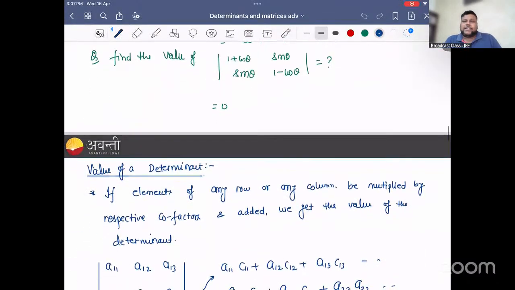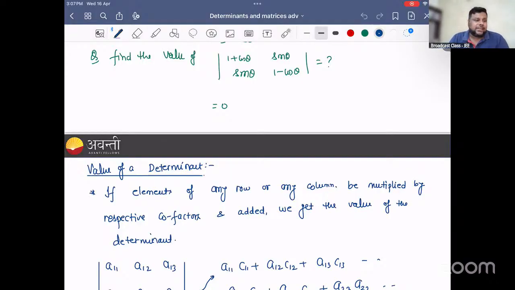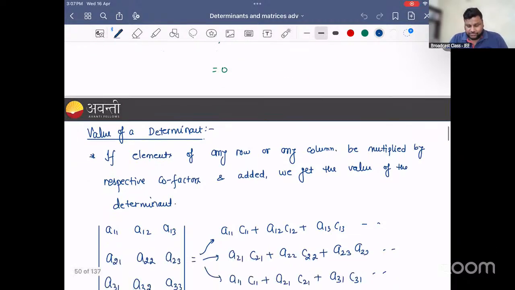And in that case, I told you, if elements of any row or any column be multiplied by the respective cofactors of same row or same column and then added, then we get the value of determinant. Yes or no? But if the elements of any row or column be multiplied by the respective cofactors of any other row or column, then we get the value 0.